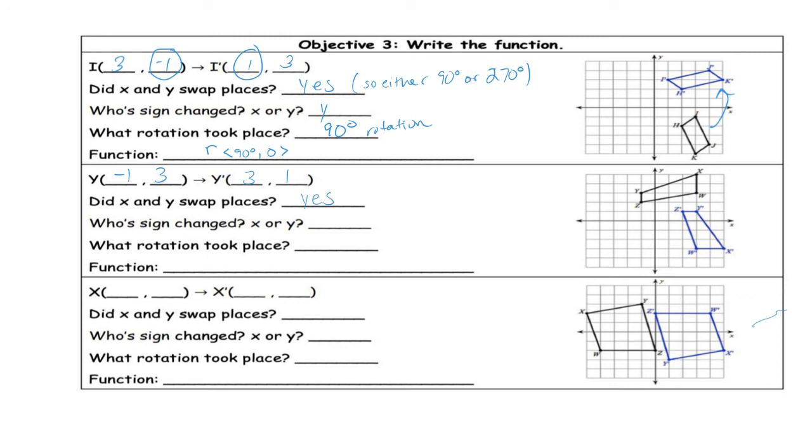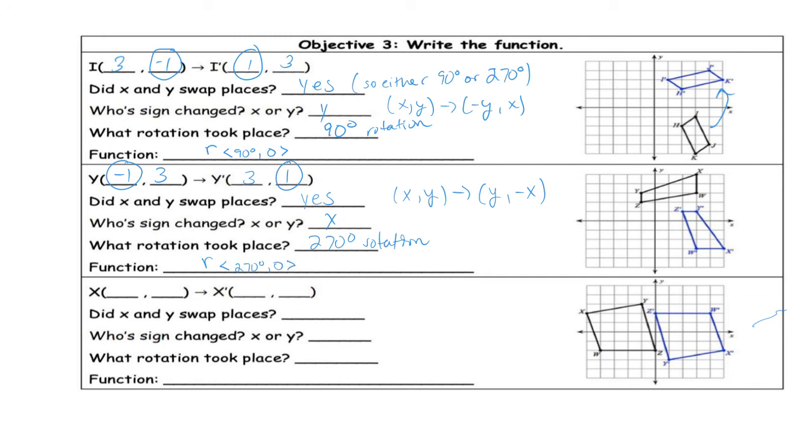Whose signs changed? Well, X was negative 1, then it became 1, so our X value changed. So we know this was XY changing to Y, negative X, which is a 270-degree rotation. Remember this one, we had XY change to negative Y, X, which was 90 degrees. So again, it's r, 270 degrees about the origin.